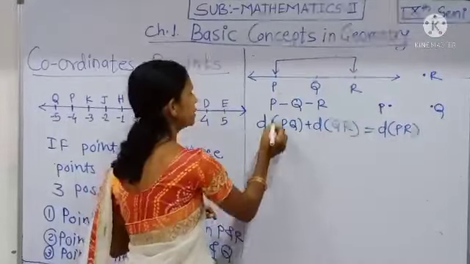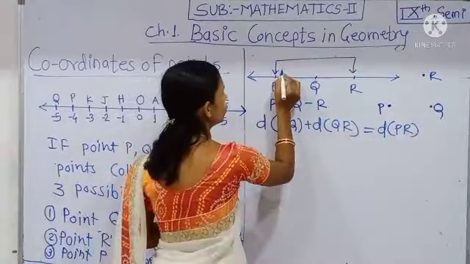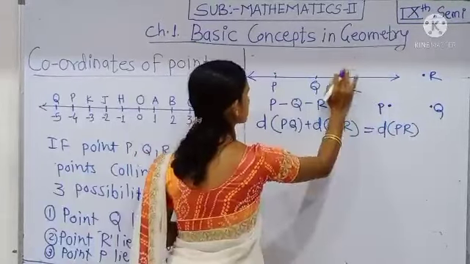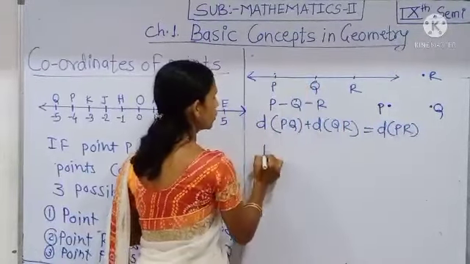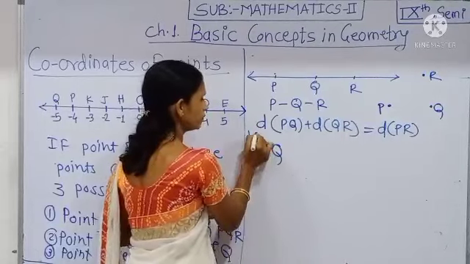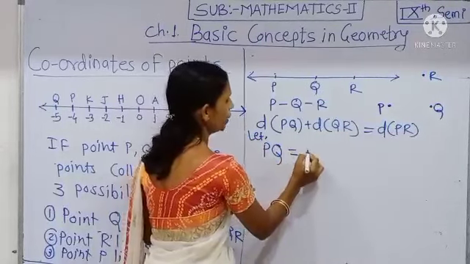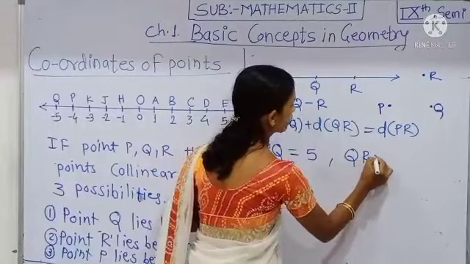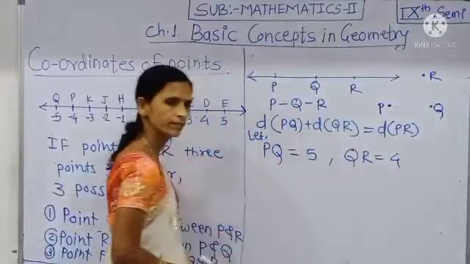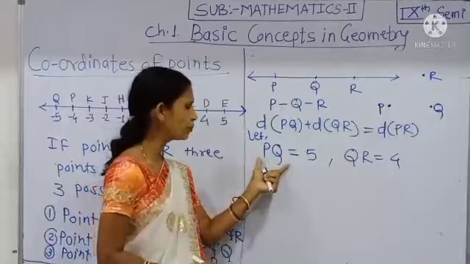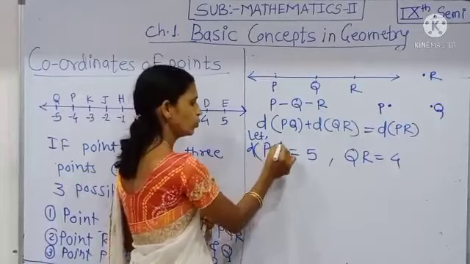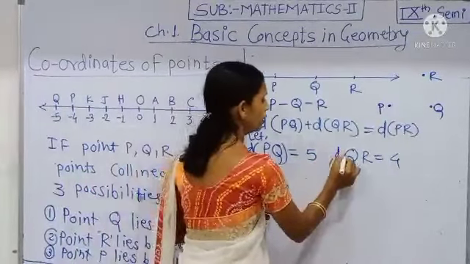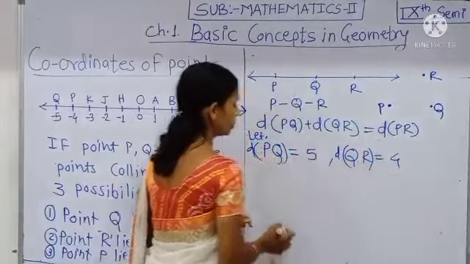Let us consider that PQ is 5 and QR is 4.